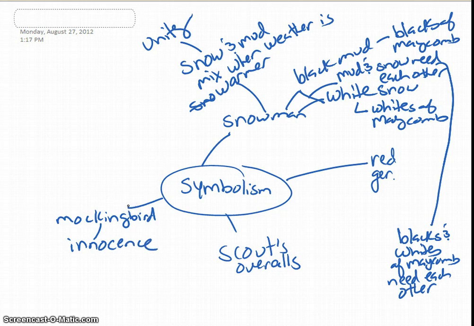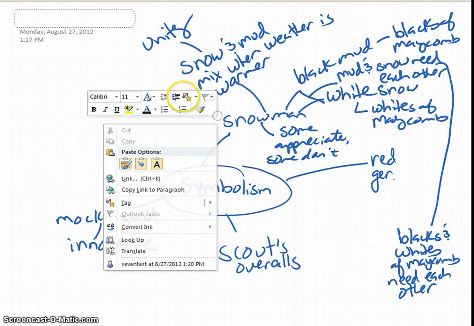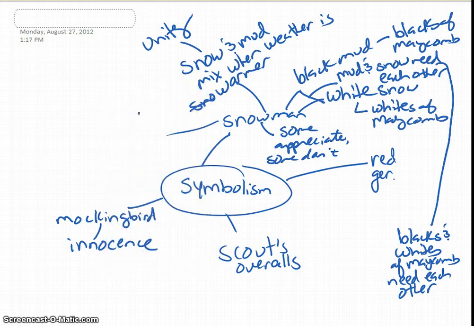Okay, wait, I have another thought on the snowman now, and I can add it in here. Okay, how some people really appreciate the snowman, yet others don't. Okay, some appreciate, some don't.